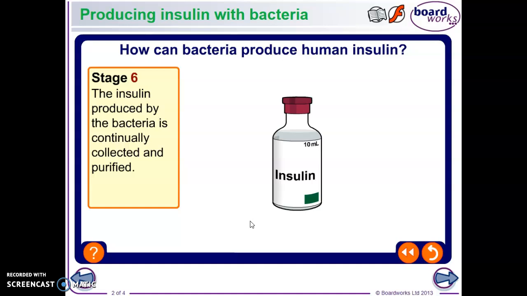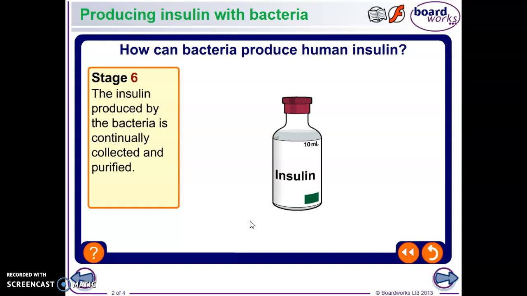So now that insulin can be collected, it can be purified, it can be packaged, and it can be used for people who don't make enough insulin for themselves. People who have a disease, for example, called diabetes, have to take injections of insulin in order to regulate their blood sugar.